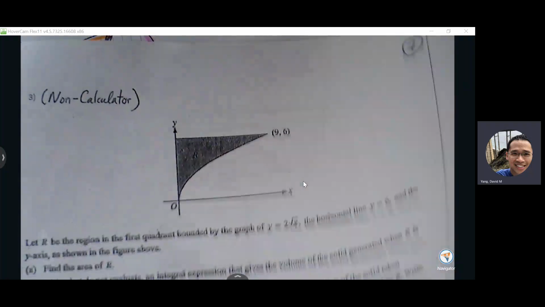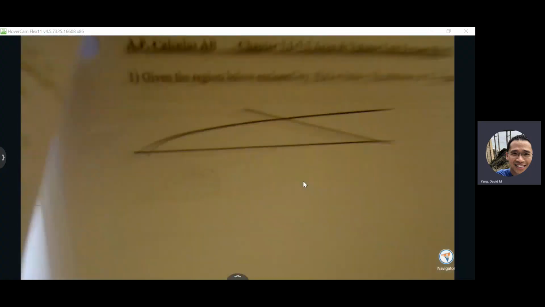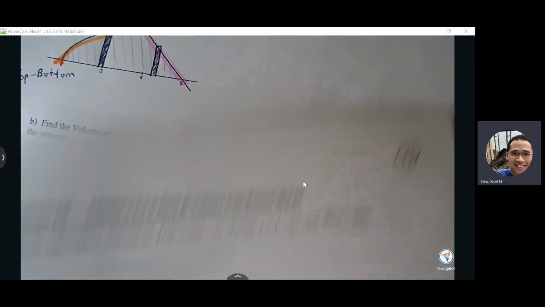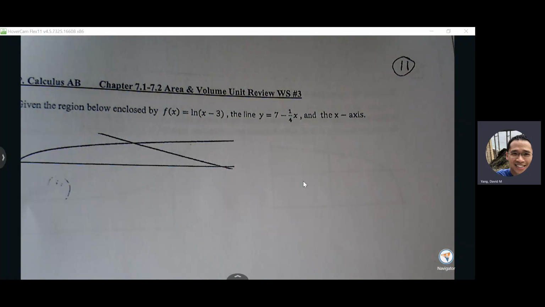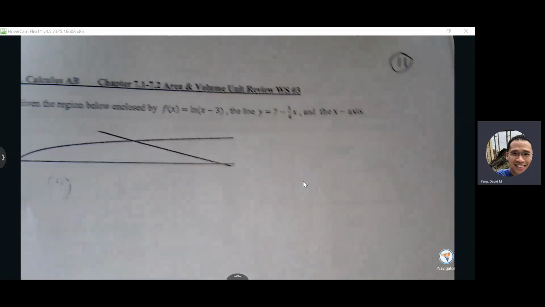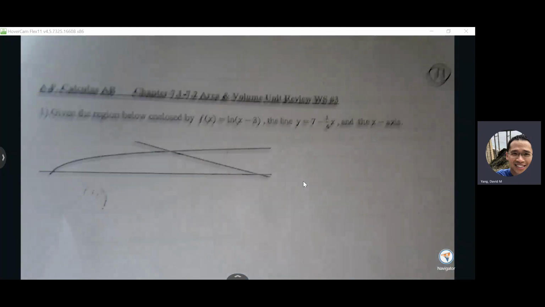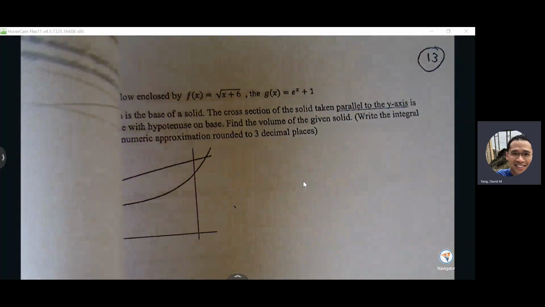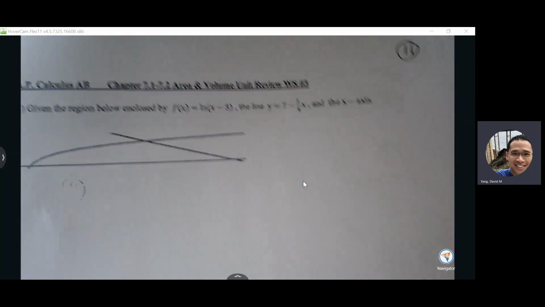These are just FRQs that I've gathered from previous AP exams, so you can see the different variations. And then pages 11 through 13, I'm going to save for the morning review on Thursday, but you're more than welcome to work through this. I think this is going to be about the length of your test. It's about 3 pages, so 11, 12, 13 is a good indication of what to expect in terms of the length of your test.